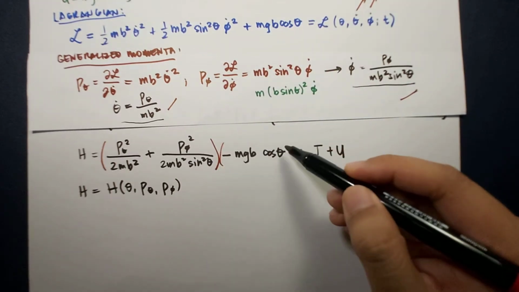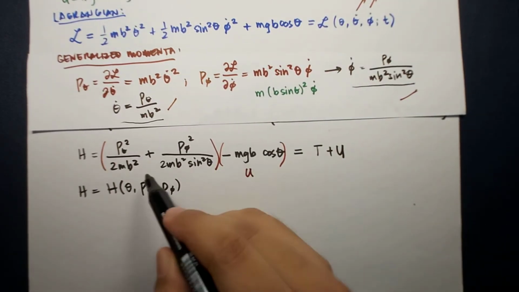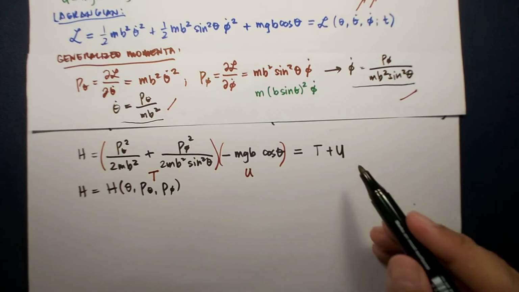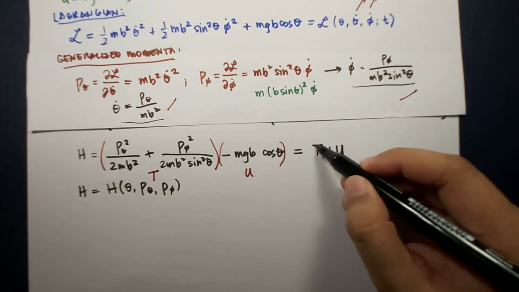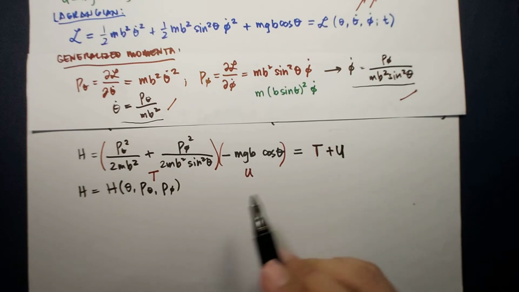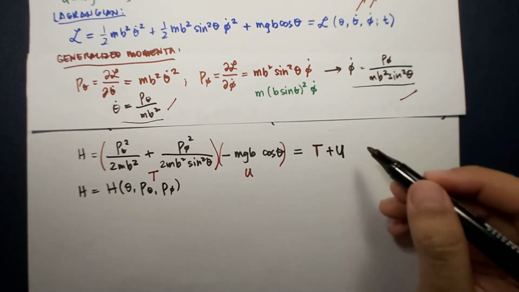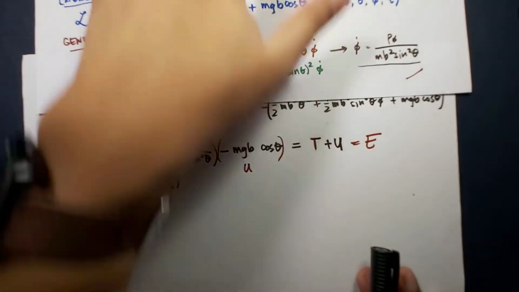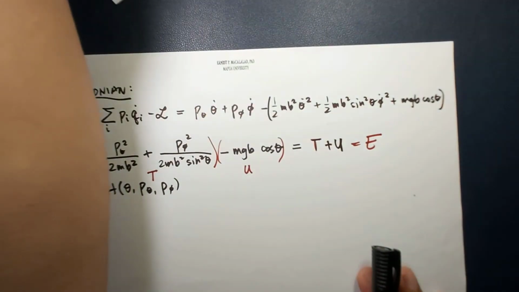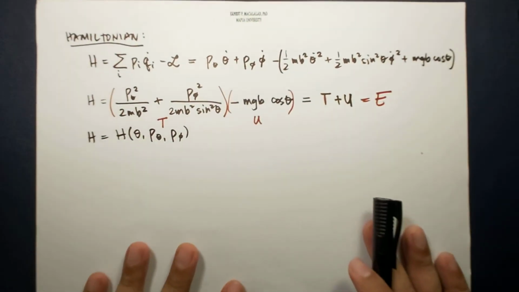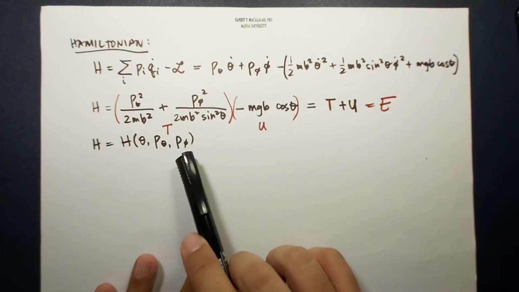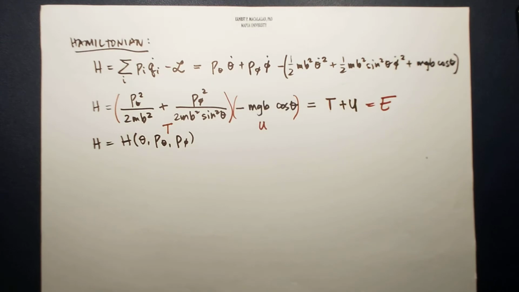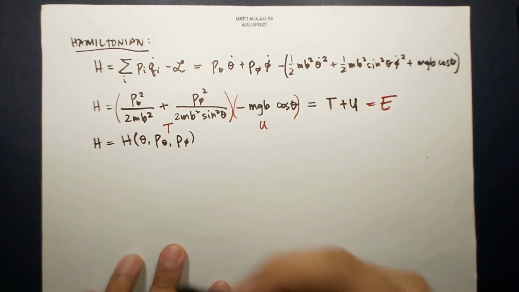So this is actually U, and this is T. That's why we concluded that the Hamiltonian is equal to the total energy. So now going back to our Hamiltonian, it is now given by this equation.